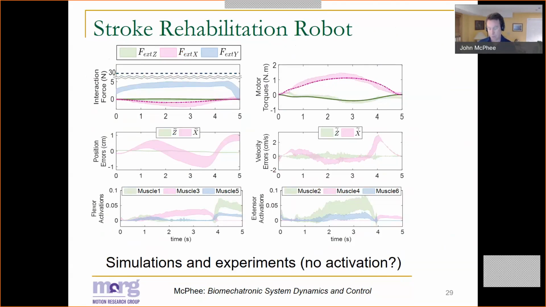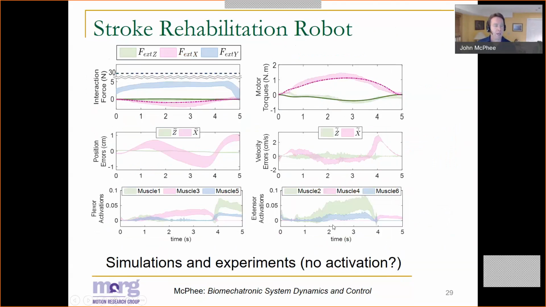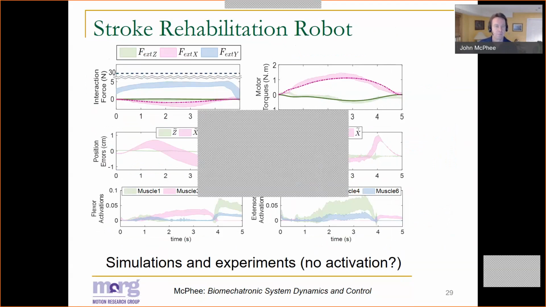And so this was basically an attempt to reproduce these simulation results. And so what we found was that our subject was unable to completely relax all their muscles. So on the bottom row here, we can see the measured EMG from the flexor and extensor muscles. They're not zero, they are small, but they're not zero.